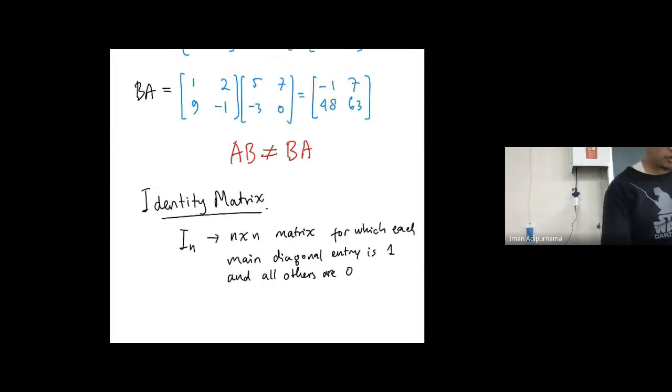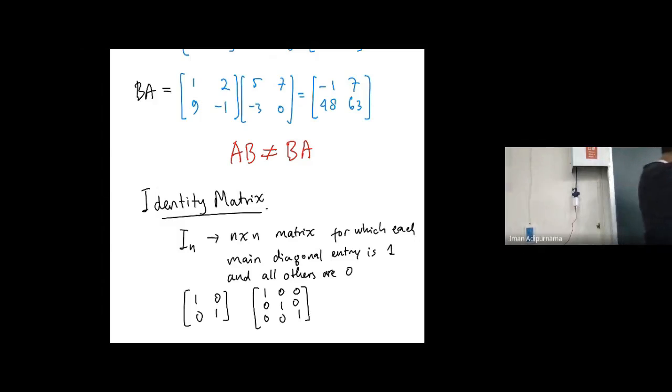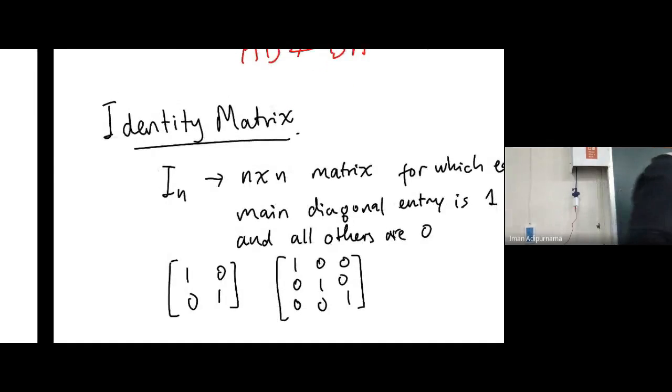Which means if you have a 2 by 2 matrix, this is the identity. If you have 3 by 3, this is the identity matrix. So if you multiply the identity with any matrix, it will stay as the same matrix.